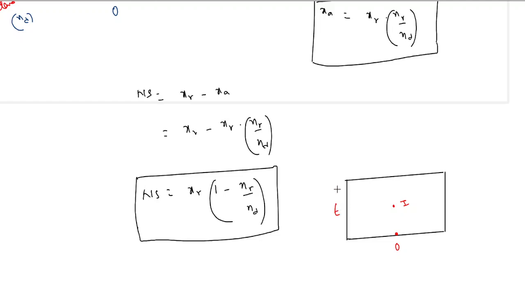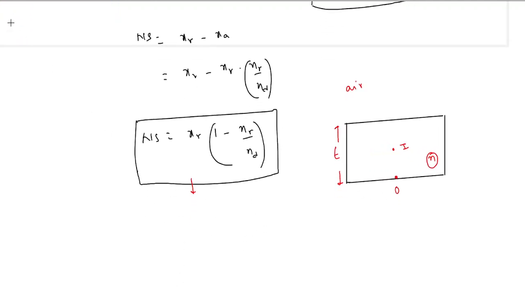Suppose the thickness of the glass slab is T, and this is air, and this is the glass slab, so here we have only one medium. So let n be its refractive index. In this case, this formula would take the form: normal shift is equal to T, because x real becomes the thickness of the material, T into 1 minus 1 by n.